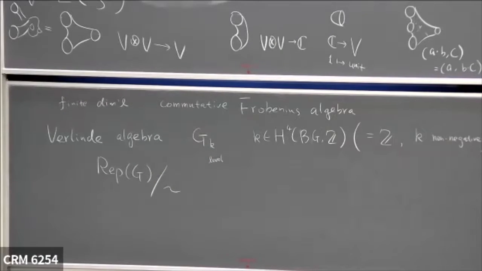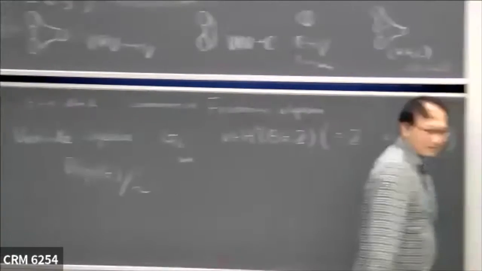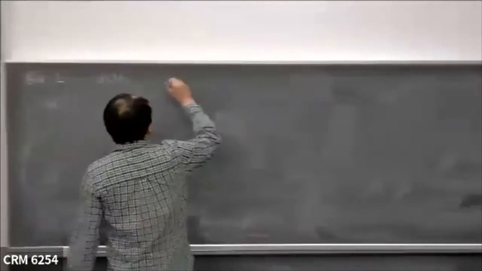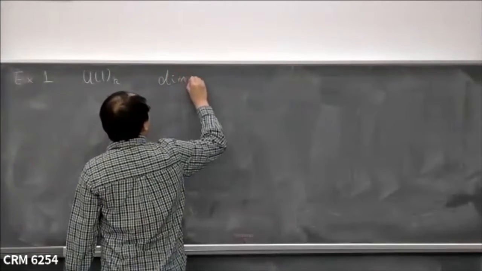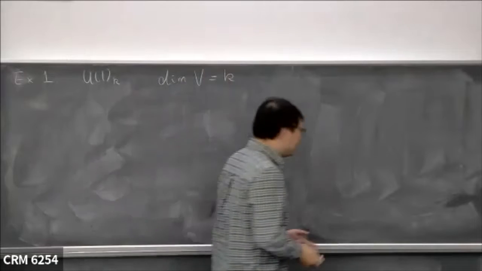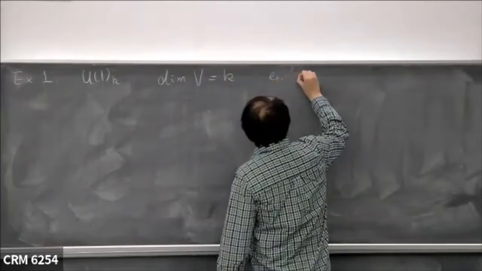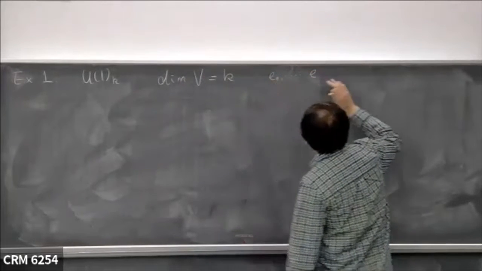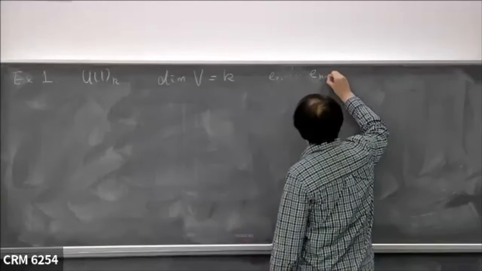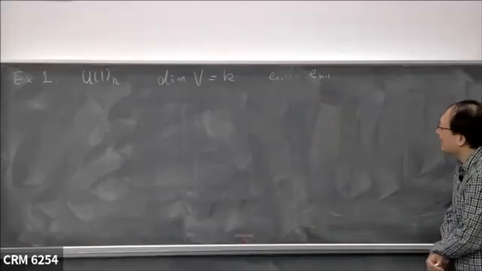To give an example, let's consider U1 at level K. In this case, V would be K-dimensional, and there is a nice basis that I will denote by E0 through E_{K-1}.